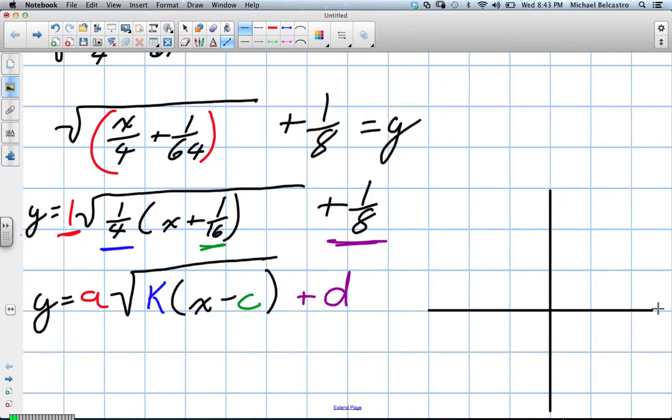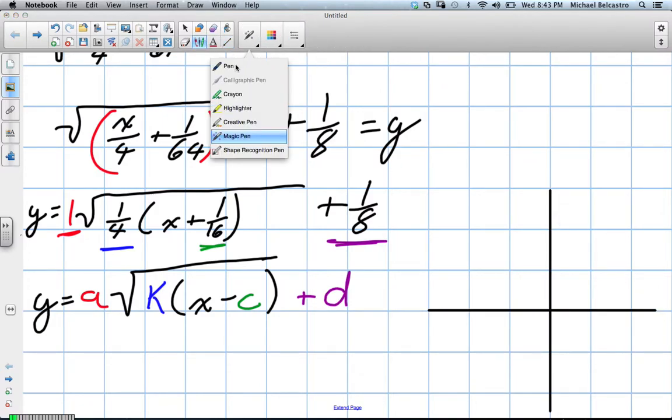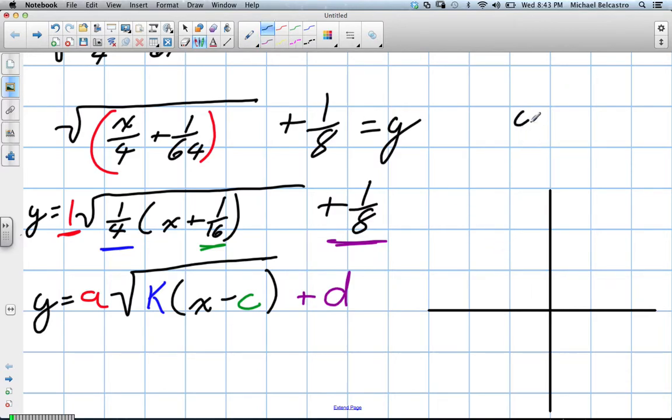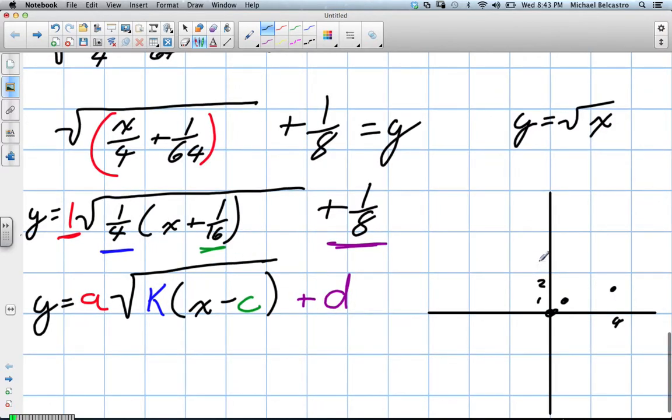If you remember writing this function, when we normally write y is equal to root x, 0, 0, and then 1 and 1, and then 4 and 2, and then 9 and 3, something like that. So we have something like this. Well, this function has now been shifted up an 1/8, that's what our d is. It's moved, because it's positive, to the left a 16th, that's what c does.